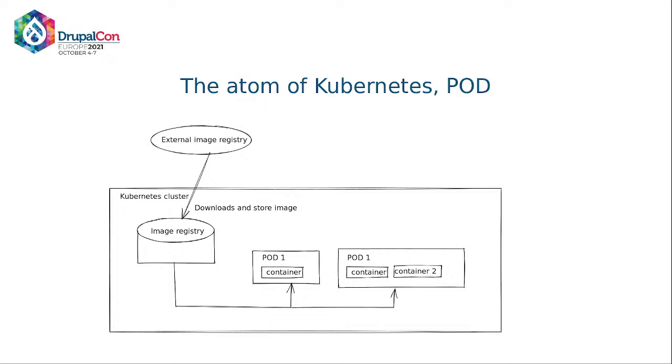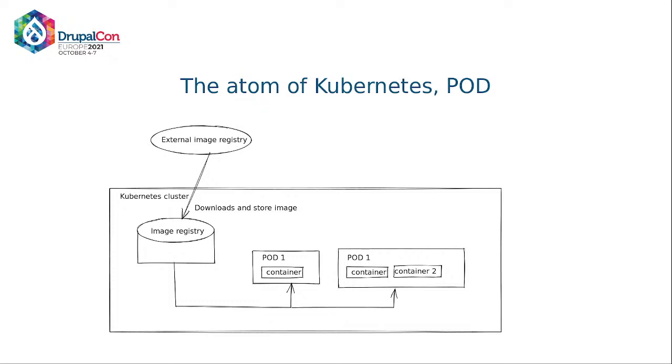Generally it works like this: Kubernetes fetches the image of a container from an external image registry, like the public hub.docker.com, then stores the image on a local instance, and when it has the image, it can create pods that will run the containers.